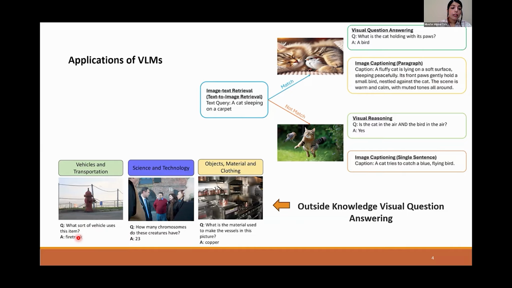What sort of vehicle uses this item? The answer is fire truck, but you can see that there is no fire truck in the photo. In such questions, the network should do some search on the internet, or, for example, use its own prior knowledge. So such questions are more challenging for the VLMs.